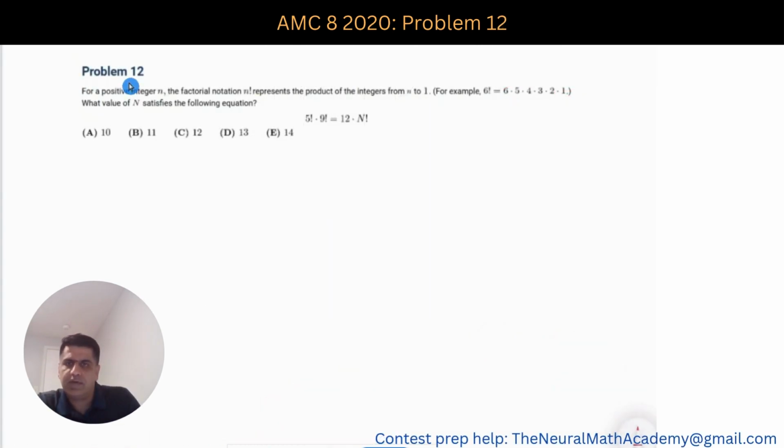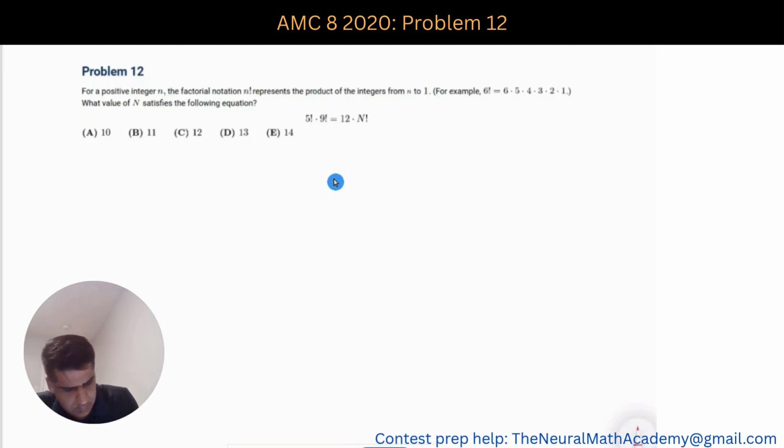Move to problem 12. We are given a positive integer n, the factorial notation represents the product of the integers from n to 1, and an example is given here. What value of n satisfies the following equation? So this is what we have to answer. So let's solve it.